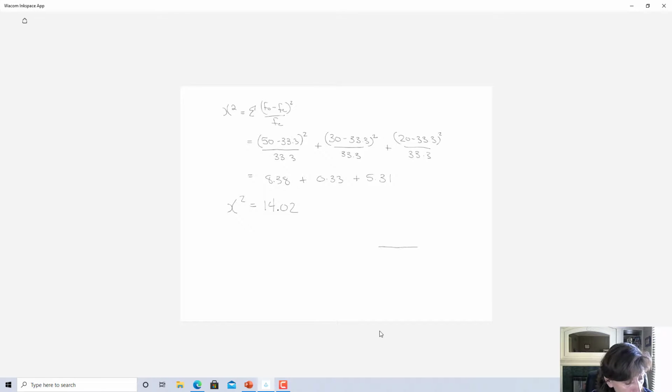And then remember, I'm going to do a quick ugly picture of the chi-square distribution. So maybe it looks something like this. Remember our critical value. It's 5.99. So anything more extreme, anything in this tail area, is where we're going to reject our null hypothesis. And so our chi-square is way out here, 14.02.